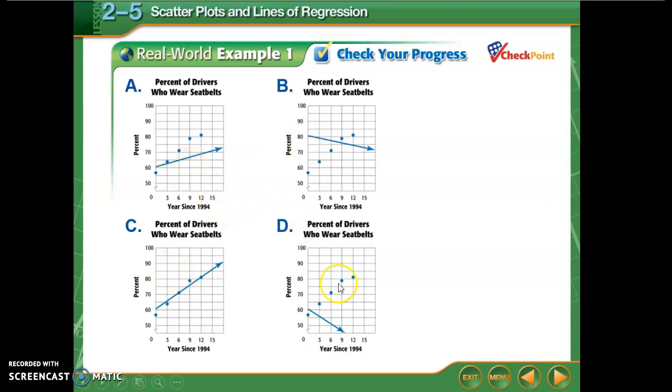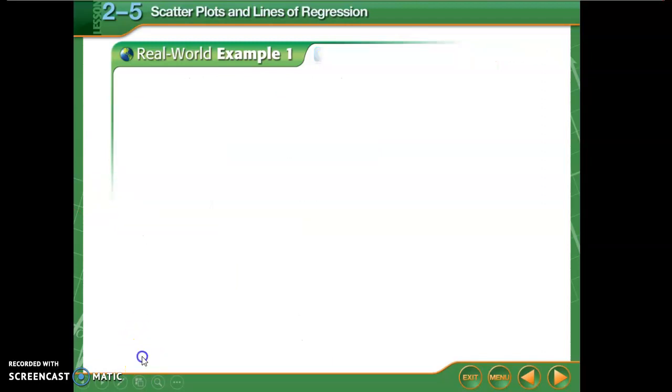A, B, C, or D. So after you plot the points, you'll be able to determine which of the 4 graphs is the best answer. Alright, so let's take a look. So it should be letter C with positive correlation.